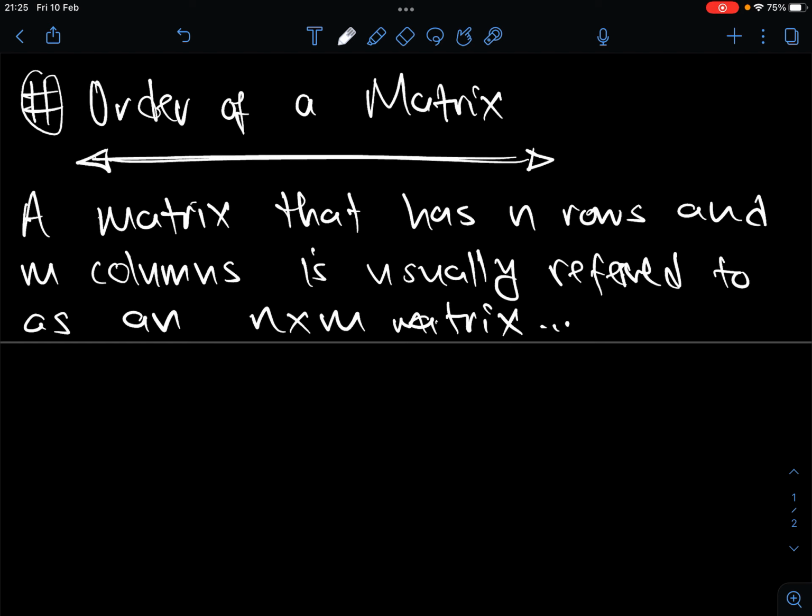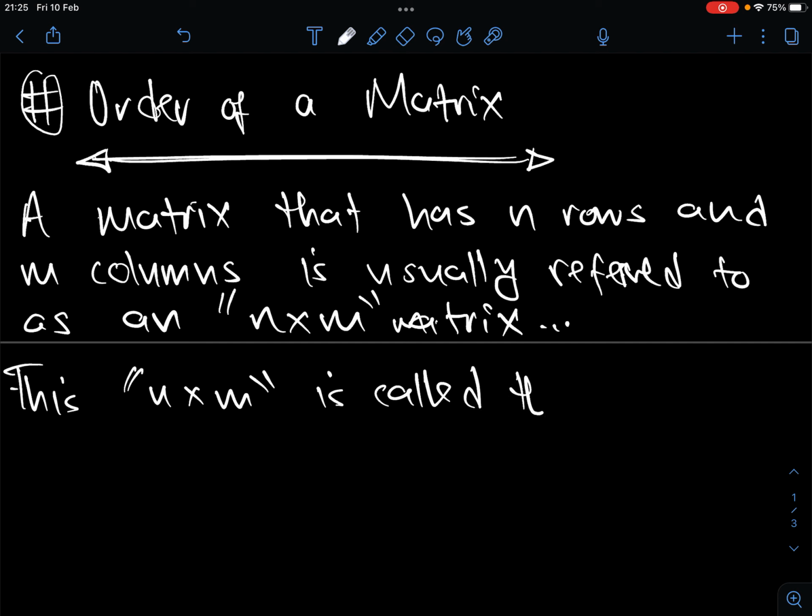So a matrix that has n rows and m columns is usually referred to as an n by m matrix. So this n by m is called the order of the matrix.